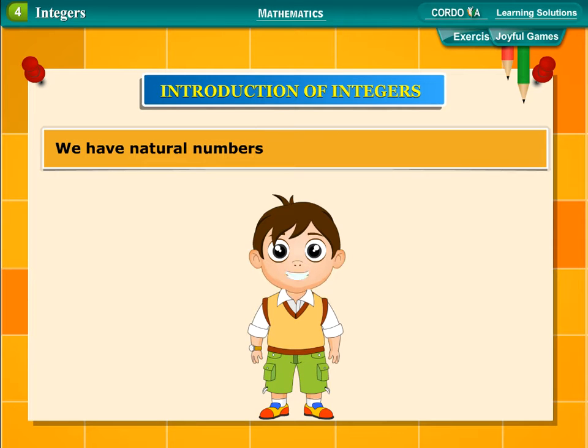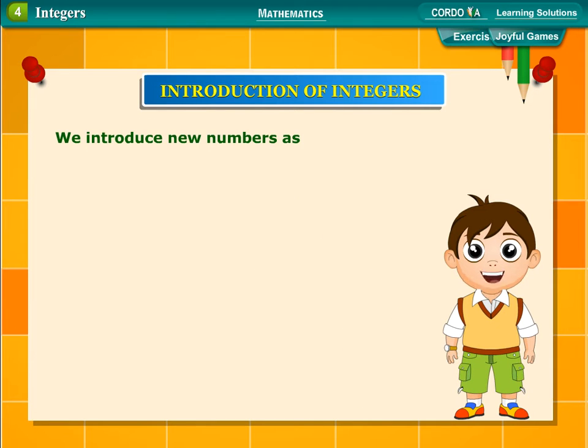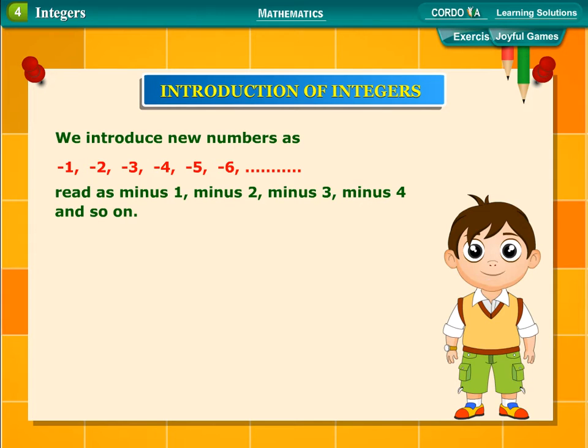We have natural numbers 1, 2, 3, 4, 5, 6, 7 and so on. We introduce new numbers as minus 1, minus 2, minus 3, minus 4, minus 5, minus 6 and so on.